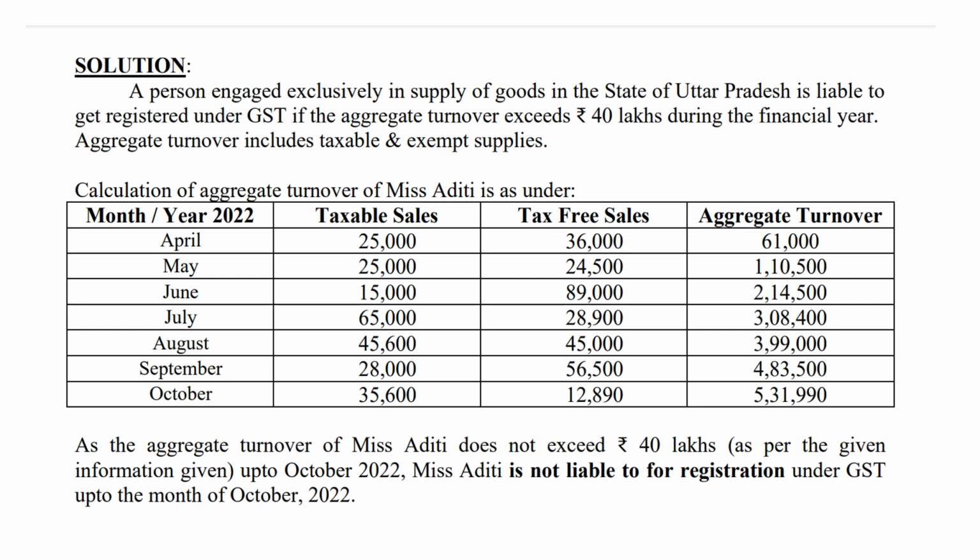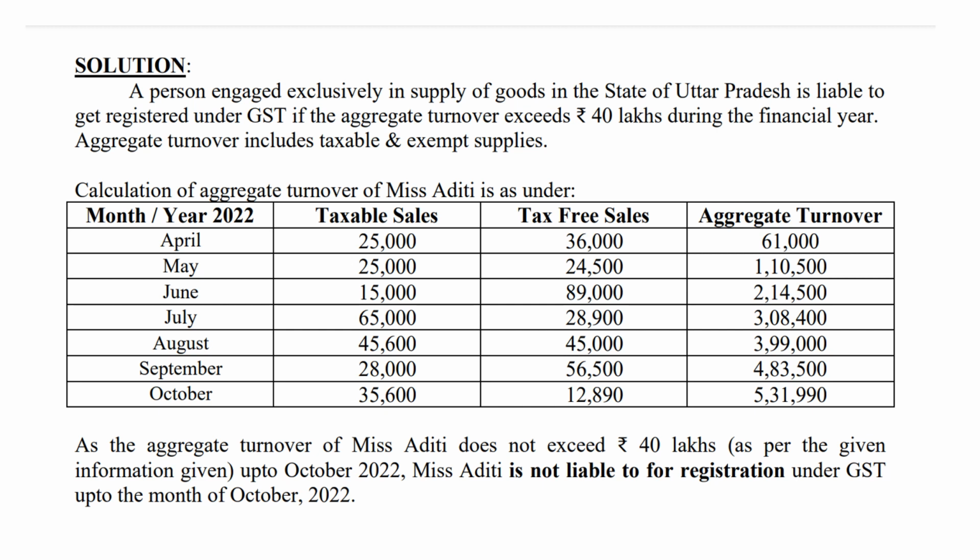So for the month of April, taxable sale is 25,000 and tax-free sales is 30,000. So aggregate turnover is 61,000. Then in the month of May, you have to add taxable sales and tax-free sales of the month of May plus the aggregate turnover of the month of April, that is 61,000.